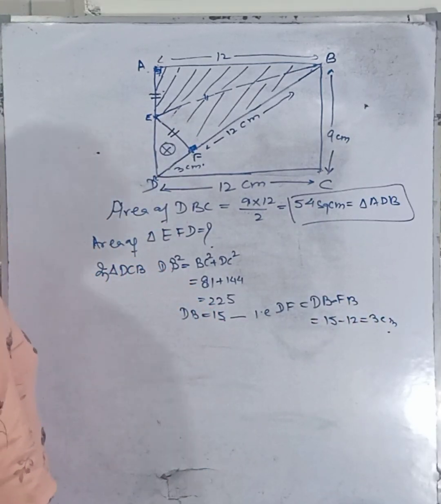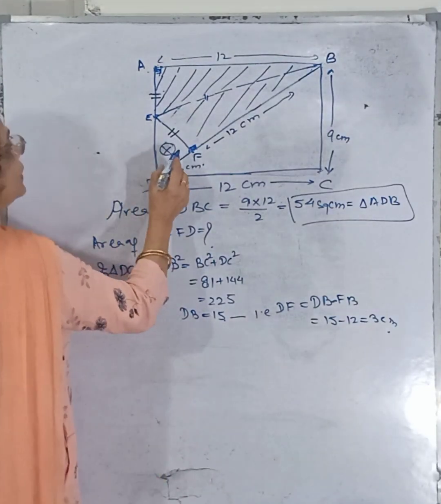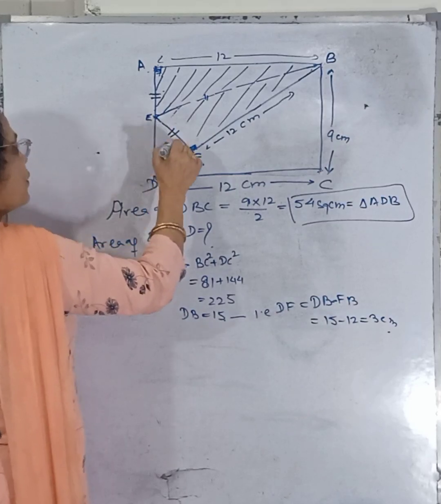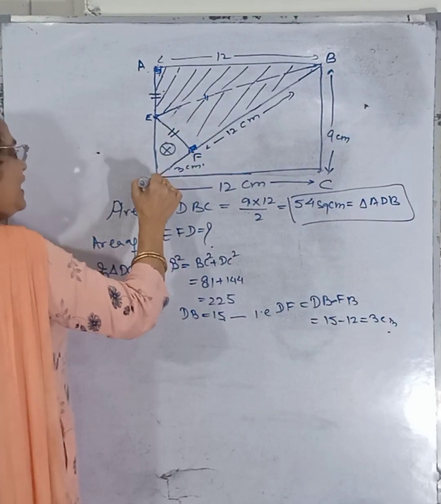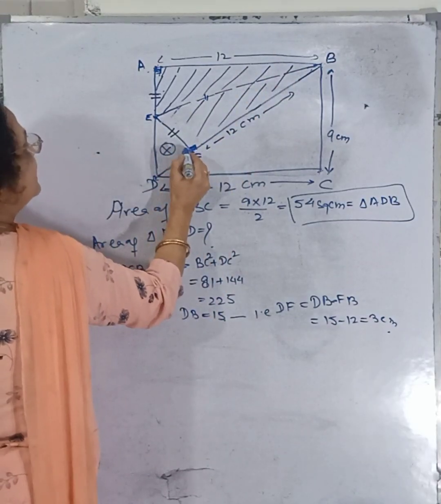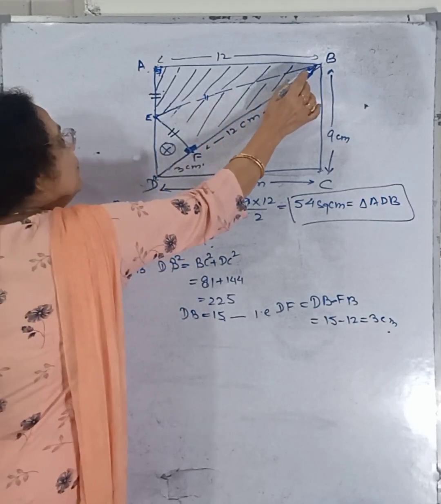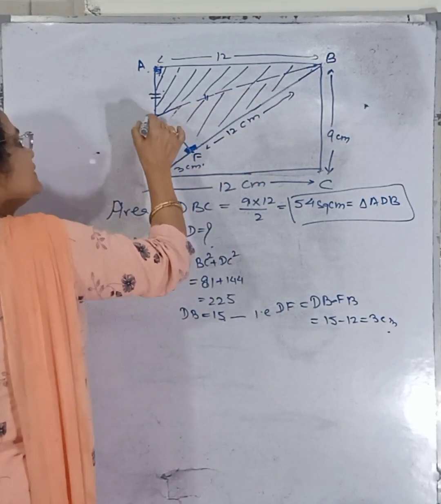Very nice. Now let us compare the small triangle EFD and triangle EFB. This is 90, this is 90, and they both have the same height.